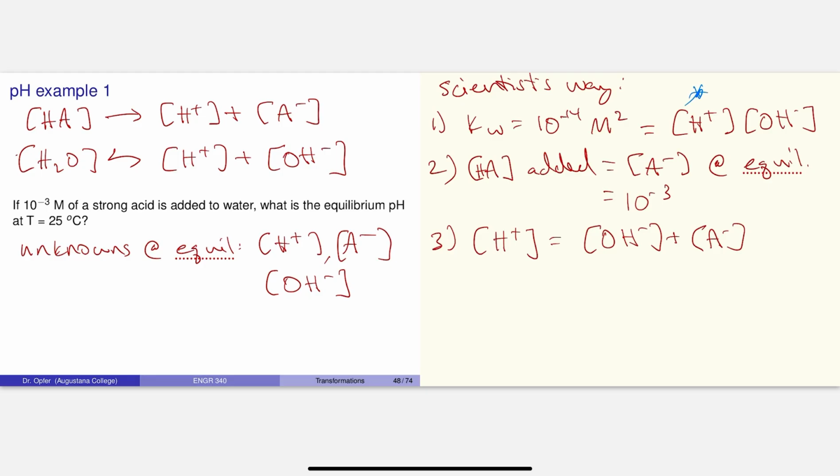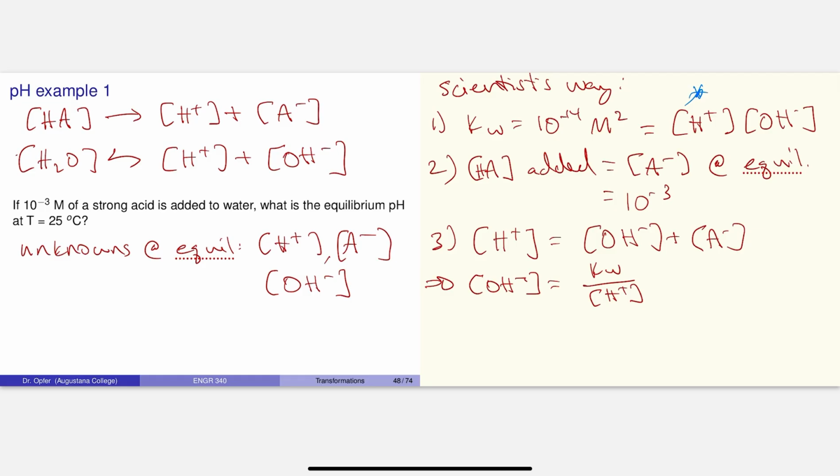So what we can do is rearrange equation 1 to say OH minus equals something related to H plus. From equation 1, we have OH minus equals KW, which we know, over H plus.